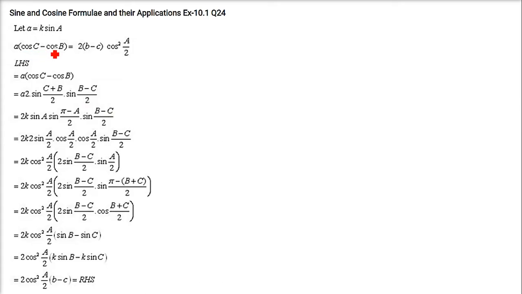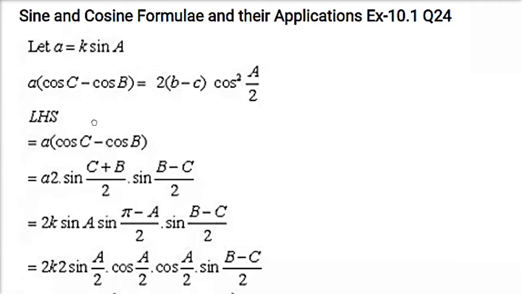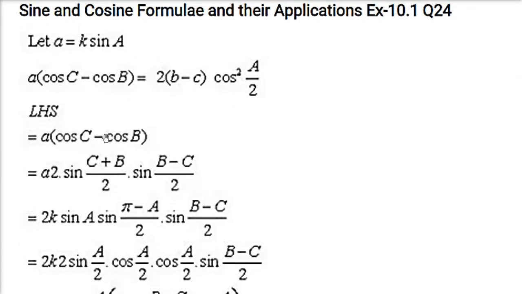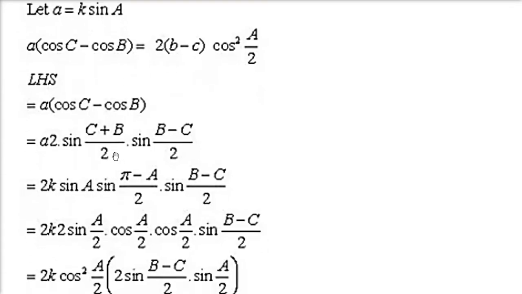So this is one more part, cos C minus cos B, and we have to prove it to be 2B minus C cos square A by 2. So what we will do here is, first we will use this formula for cos C minus cos B, and then we will put this A as K sin A. So cos C minus cos B is 2 sin C plus B by 2 and sin B minus C by 2.